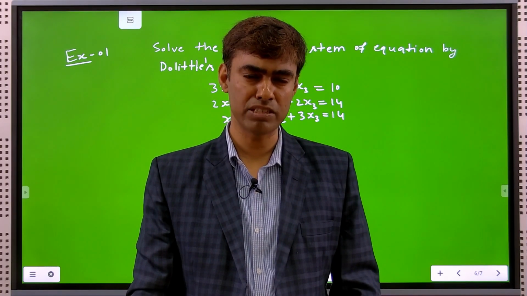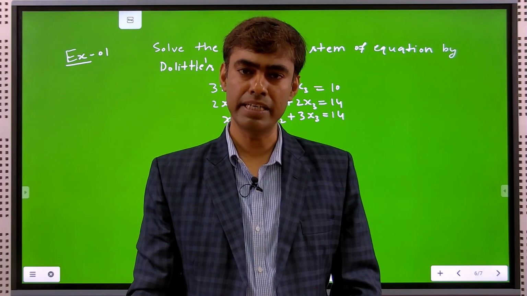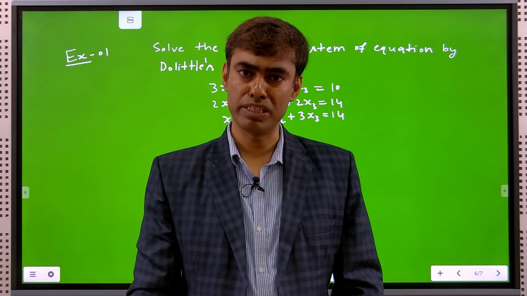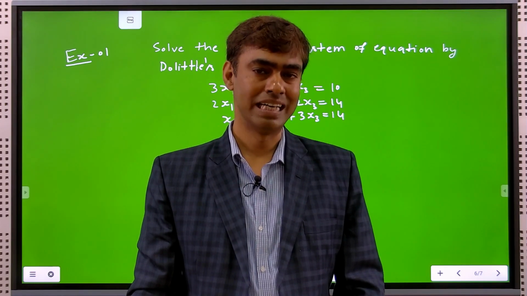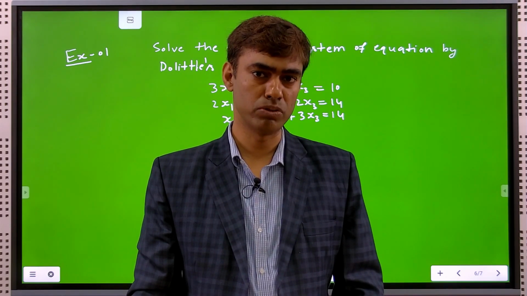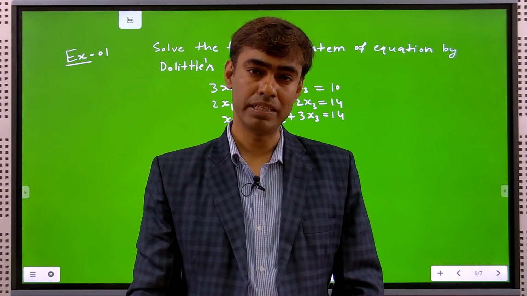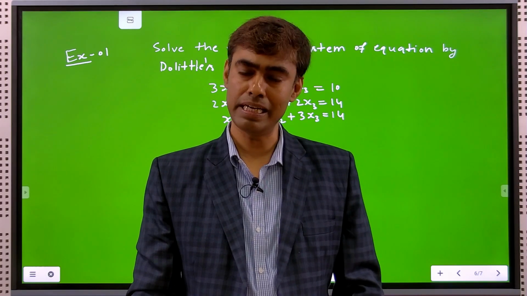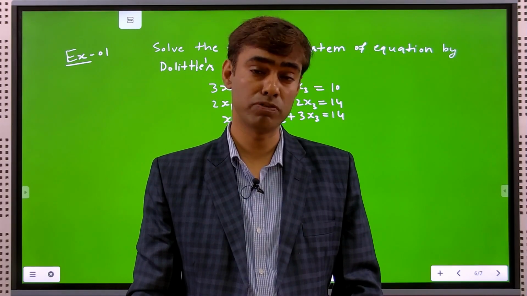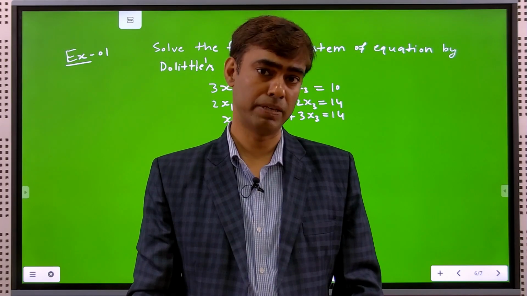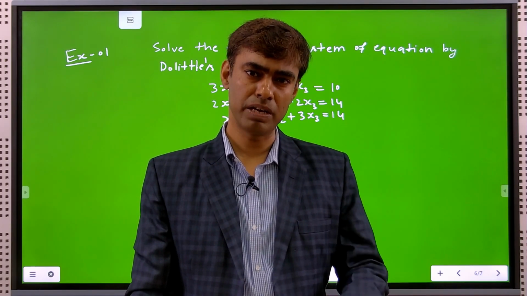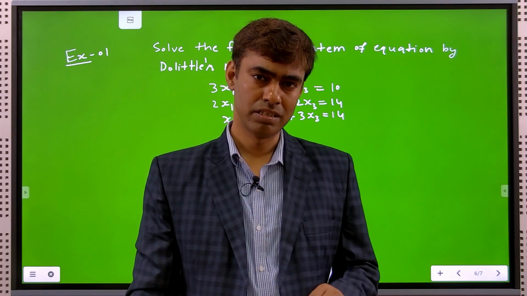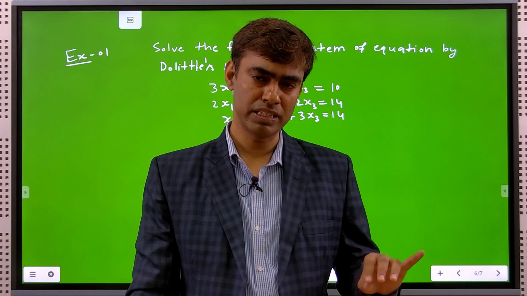Once we write it in matrix form, we decompose A into a lower triangular matrix and an upper triangular matrix, and in order to find a unique solution, we put the diagonal elements of the lower triangular matrix equal to 1. Then we multiply L and U and compare with the matrix A to find the values of the unknowns of the lower and upper triangular matrices.